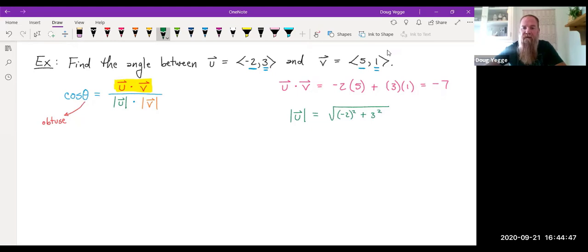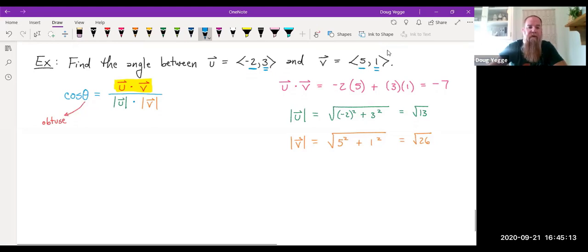So 4 plus 9 is 13, and therefore we're left with the square root of 13, which is of course positive because it's a magnitude, it's a length. If we now take the magnitude of v, then that's the square root of 5 squared plus 1 squared, which is the square root of 26.